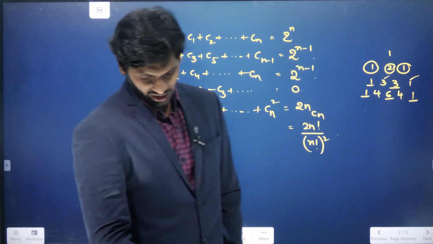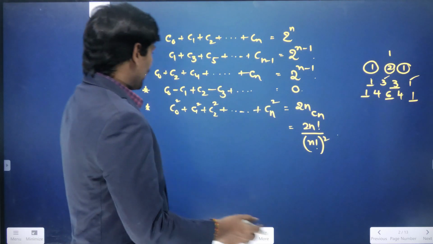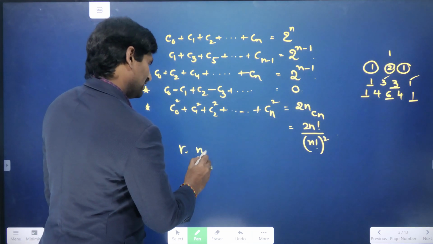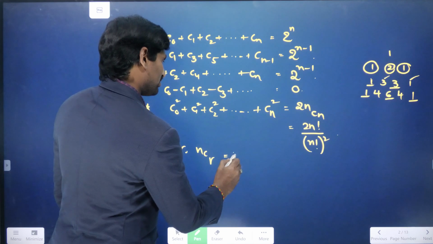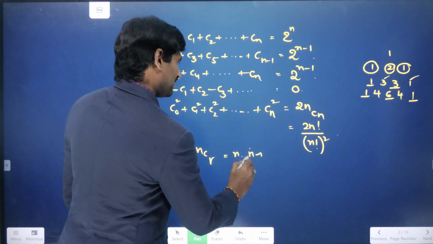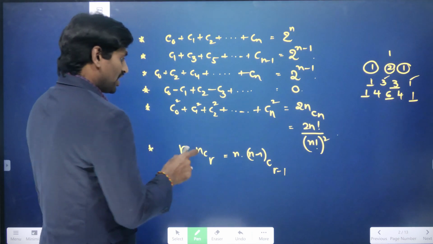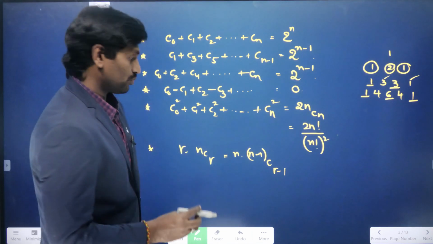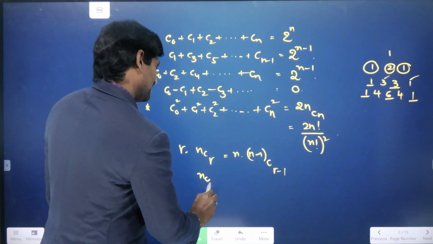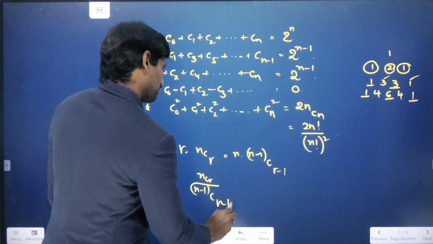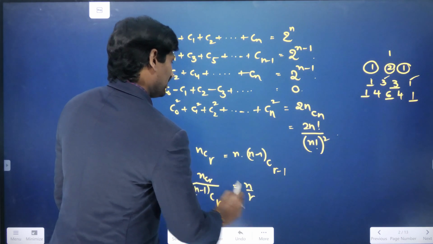Okay. Now, one more property, that is r into nCr equals n into n minus 1 Cr minus 1. This one we have already discussed in synopsis 1, simply nothing but nCr by n minus 1 Cr minus 1 equals n by r. Same condition.